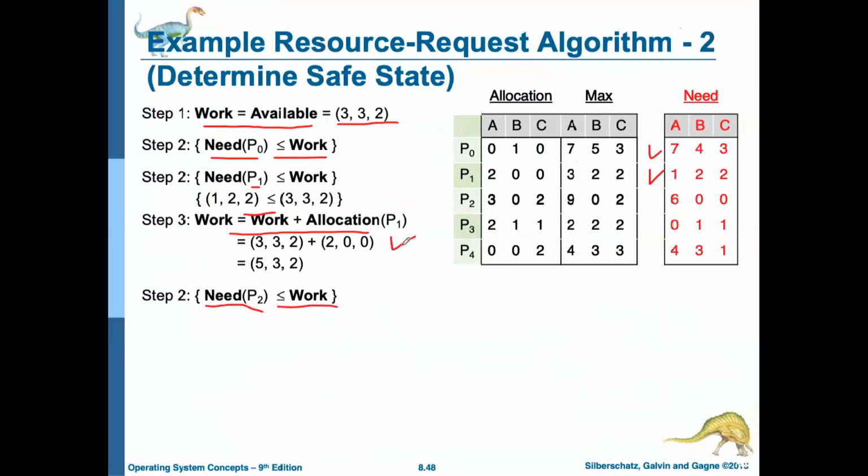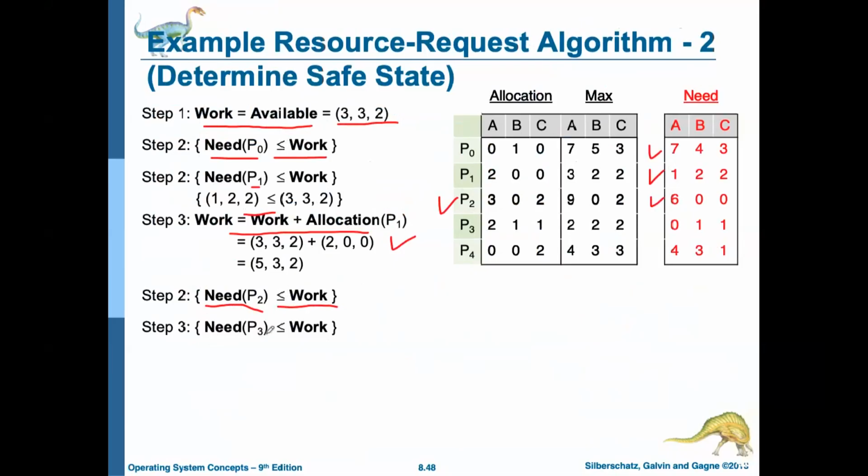P1 is done, so go to the needs. P2 is what we check right now. I think its need is 6 right now. And where's the work? This is the current work value. We check true or false: not true, it's false.